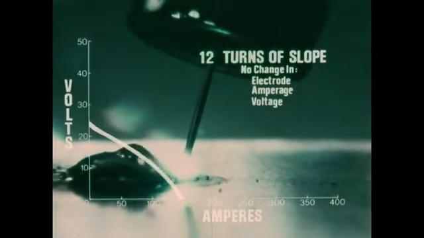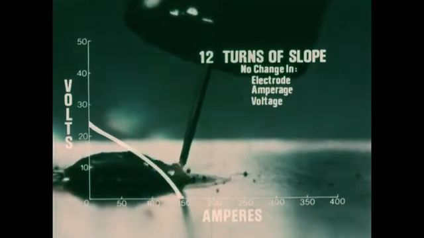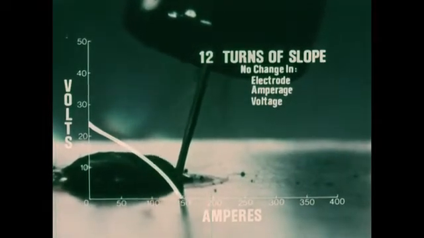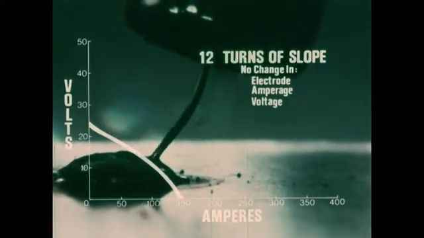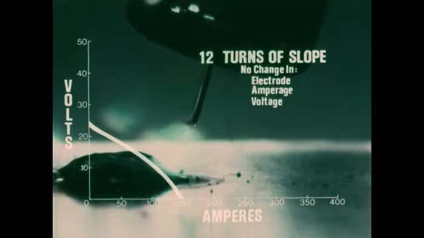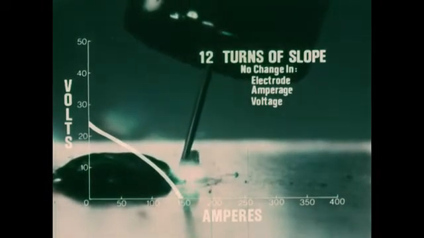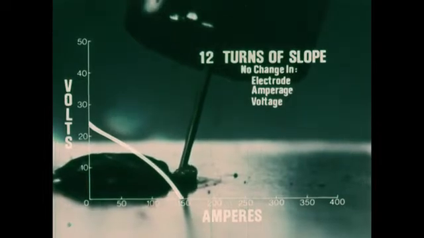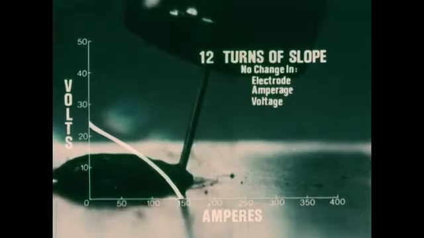With 12 turns of slope, there is inadequate short-circuiting current. The electrode will not be properly cleared as it makes short-circuit contact with the base metal. It is very important to note that all changes in slope were made without changing electrode size or the voltage or amperage settings, which were established for a good welding condition.